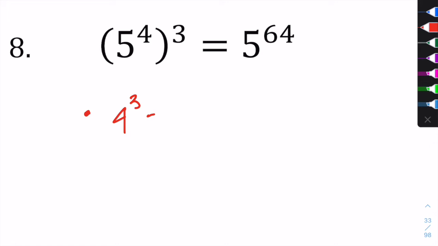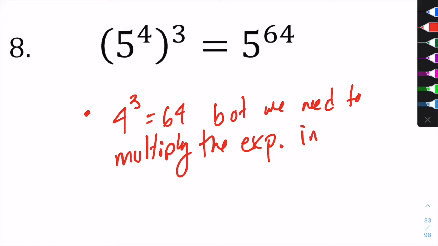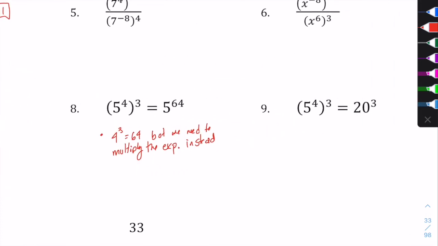They did 4 to the third equals 64 instead of doing 4 times 3. So they did the exponents of each other instead of multiplying those exponents by each other. We're going to talk a little bit more about what they did and if that's ever something that happens where we do exponents of exponents like that.